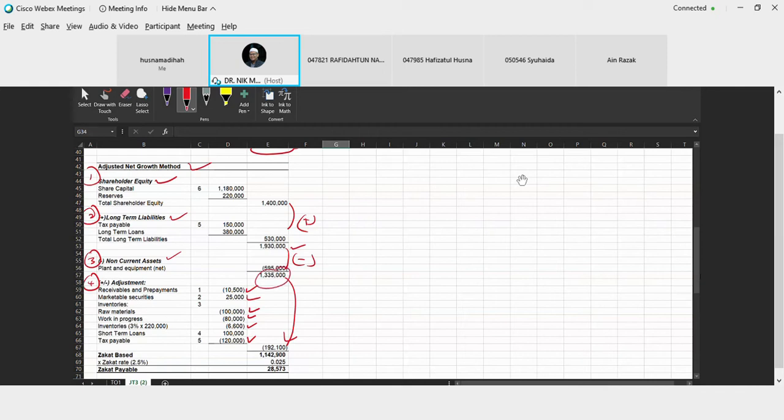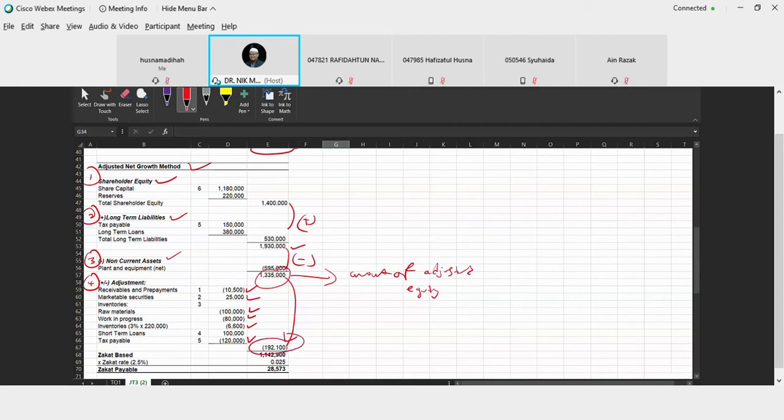This will be considered as the amount of adjusted equity. Okay, this amount, and this amount is the adjustment.